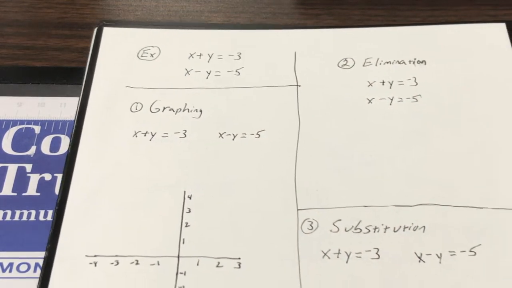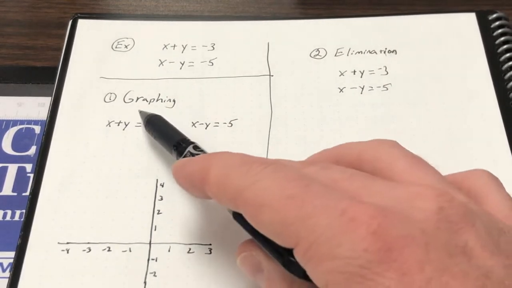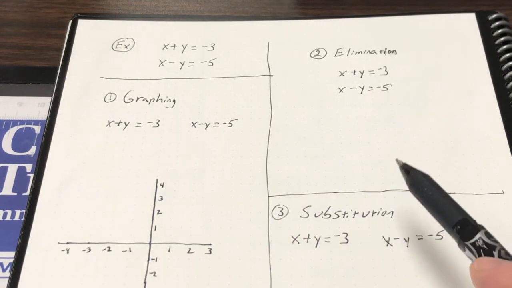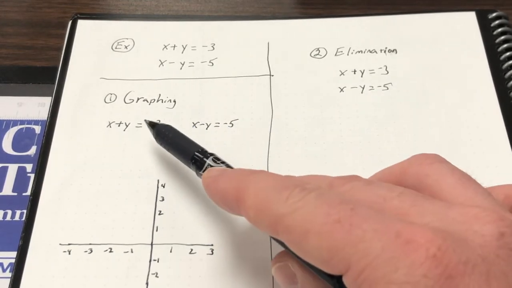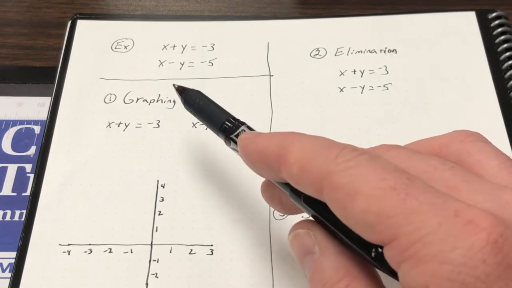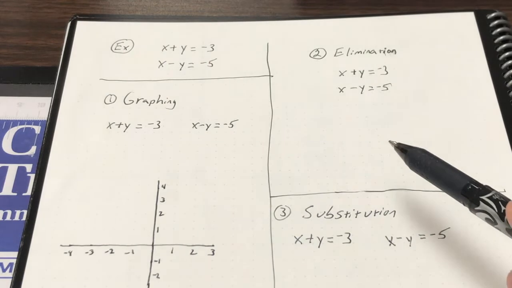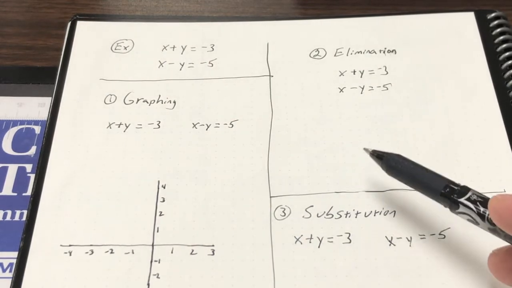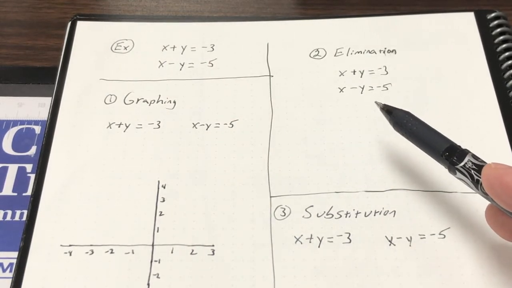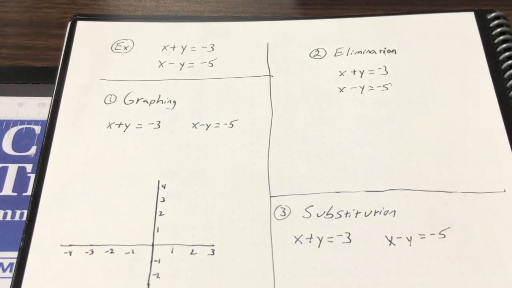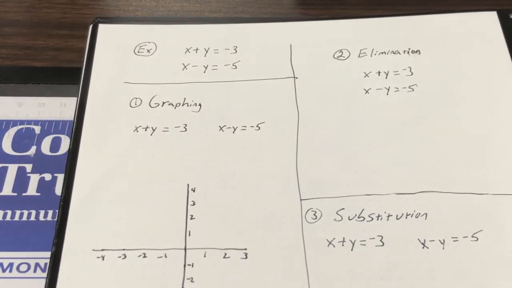There's really three ways that you can solve these: graphing, elimination, and substitution. Before you all left and went on the NTI days, we did a lot of graphing in class. That's one thing that you can do, but you have to have y by itself. These other two, you don't necessarily have to get a specific variable by itself, and when we work on elimination, you're going to see you don't have to get anything by itself at all.